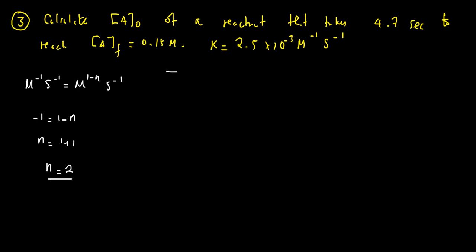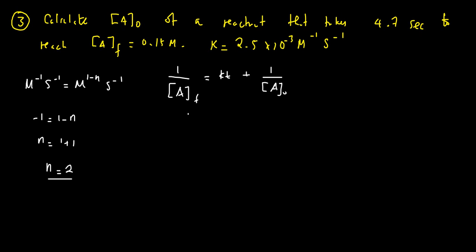And you know that for the second order reaction, the integrated rate law is 1 over the final concentration is equal to positive kt plus 1 over the initial concentration.